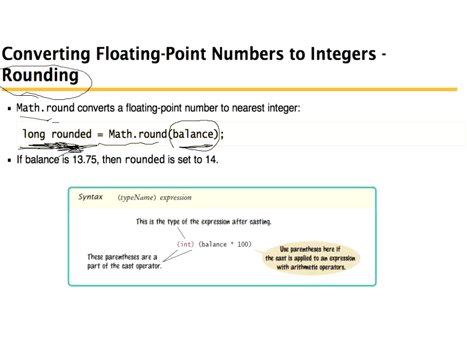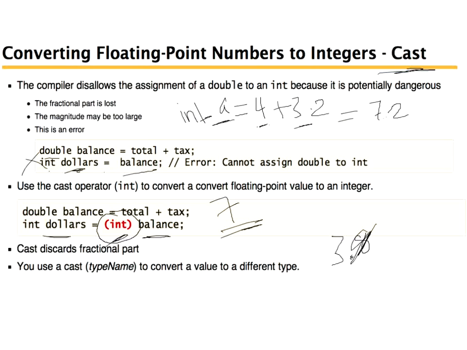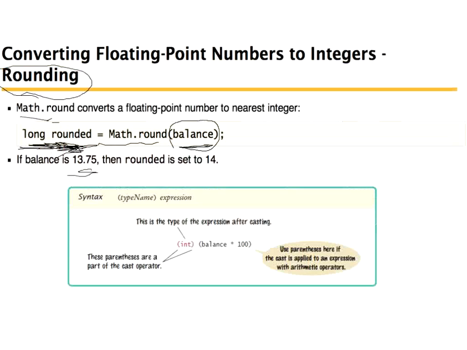So if the balance is 13.5, it will give you the answer 14. So you have two methods of converting the variable that you have.